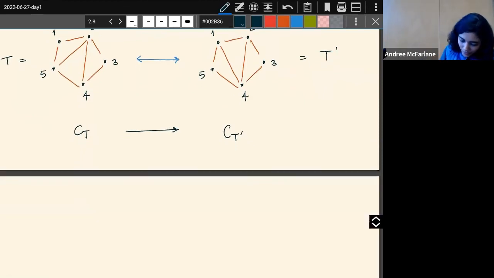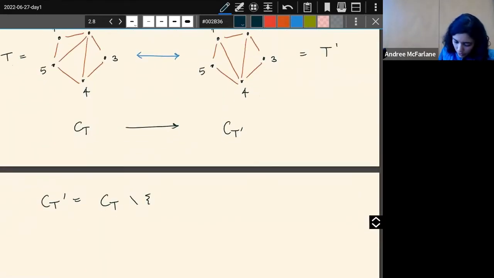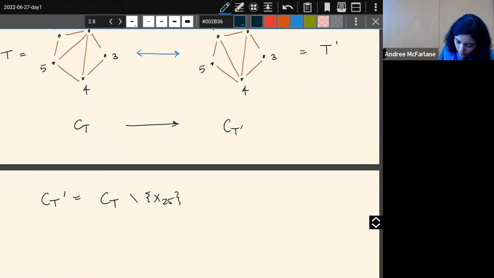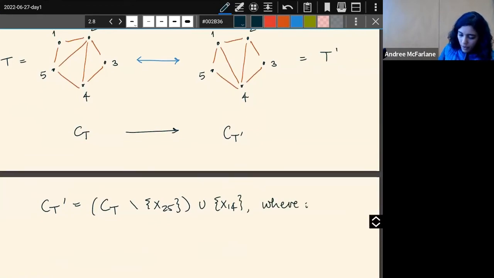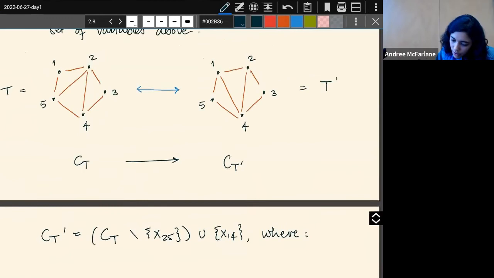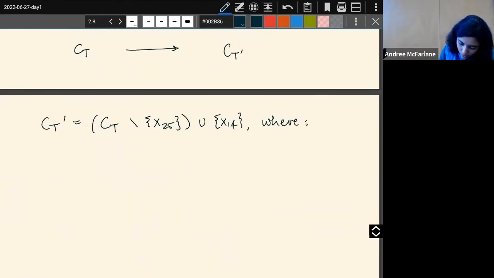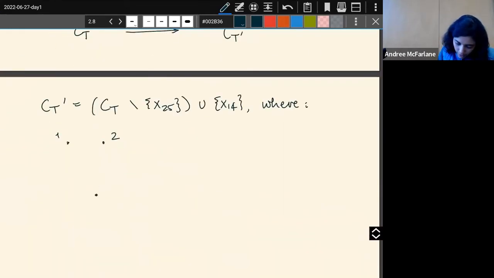So C_T prime is going to be C_T minus x25, but I throw in x14, where, I'll write this in a minute, I just want to show you 1, 2, 4, 5.